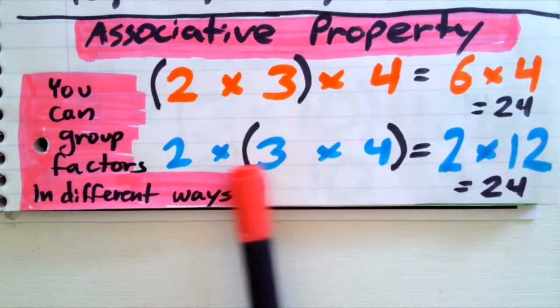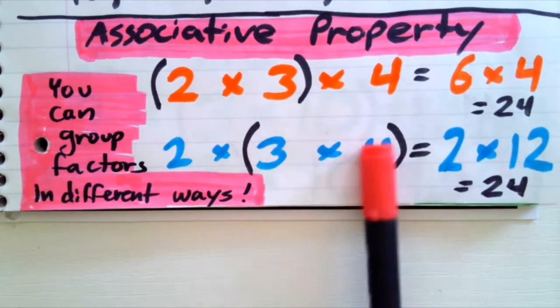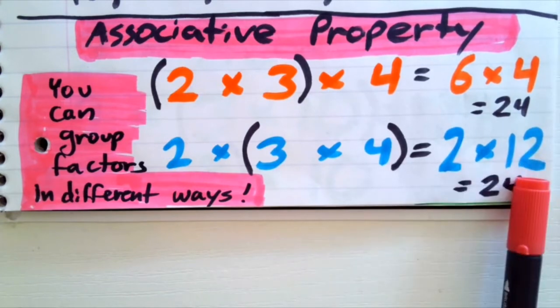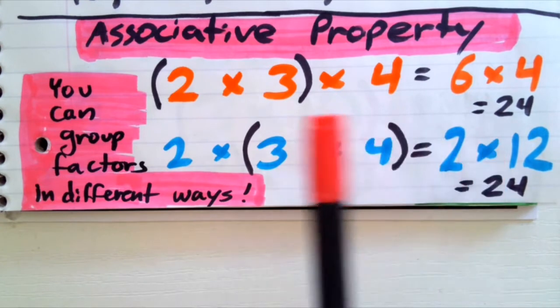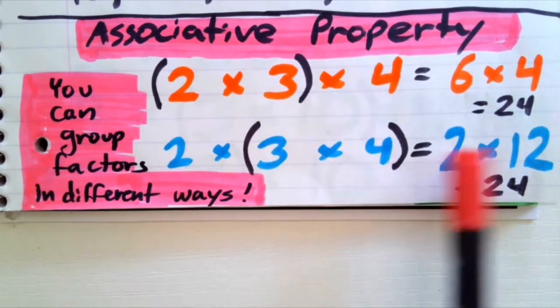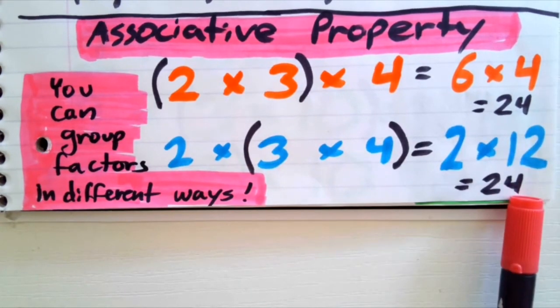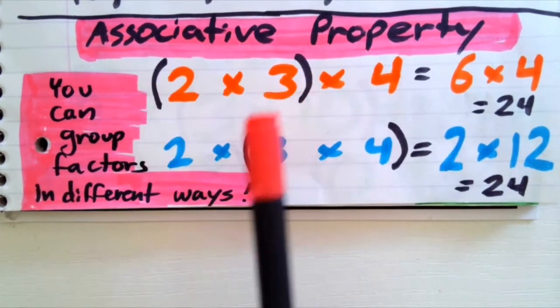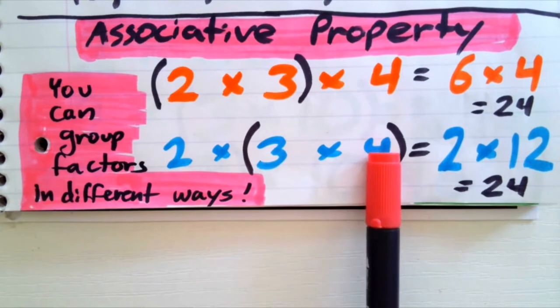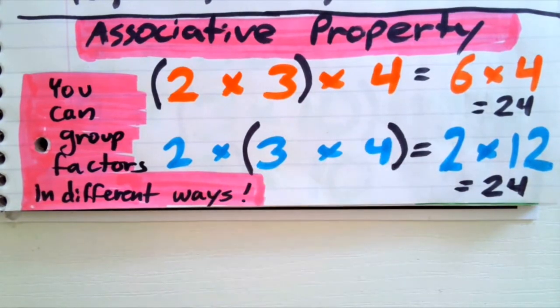We then multiply 2 times 12, which is also 24. Both of these ways give the same product. Because of the associative property, we can change which factors we are associating or putting together.